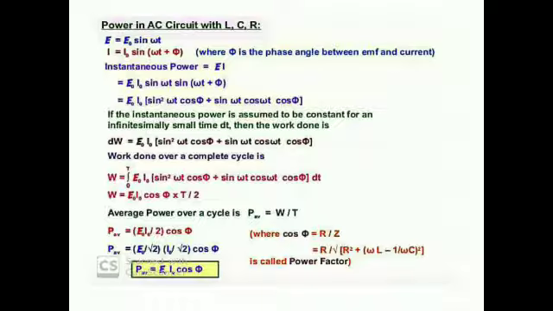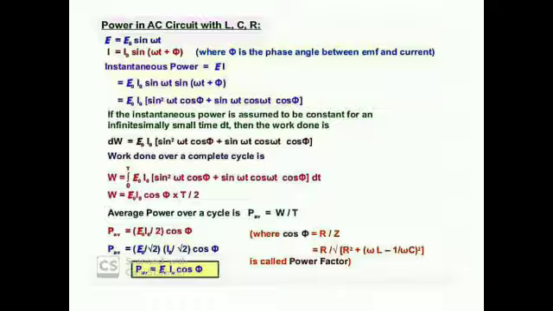Now power in AC circuit. Let an alternating EMF E is equal to E naught sin omega t be applied to the AC circuit. The resultant current through the AC circuit is I is equal to I naught sin(omega t plus phi), where phi is the phase angle between the EMF and current, and E and I are the instantaneous values of the applied EMF and current.